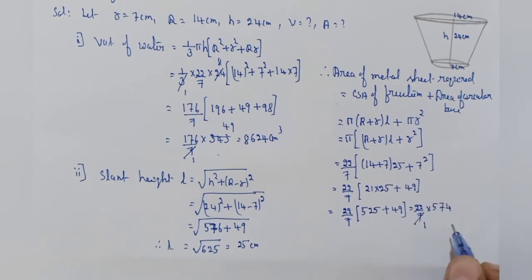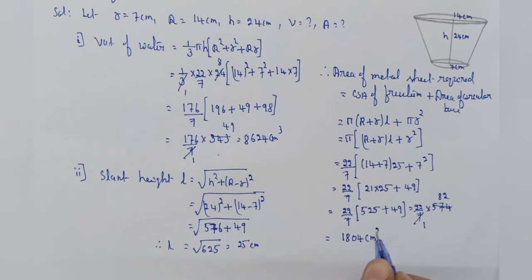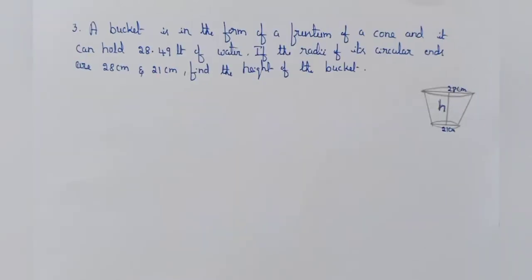Divide: 7 ones are 7, 7 eights are 56, 7 twos are 14, so 82. So 22 into 82 is 1804 square centimeter. So the area of the metal sheet required to make the bucket is 1804 square centimeter. Next problem.